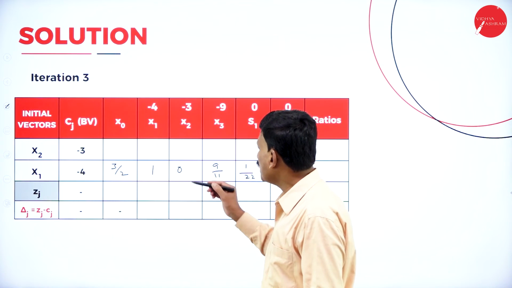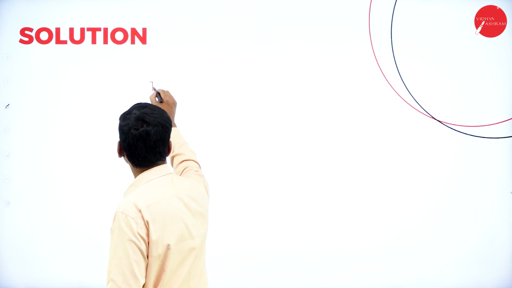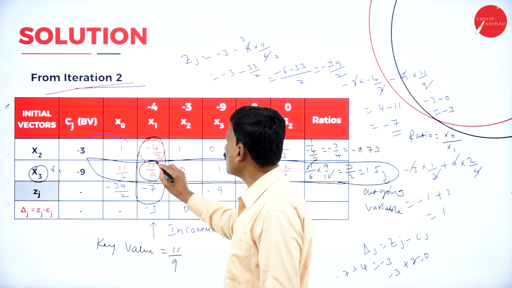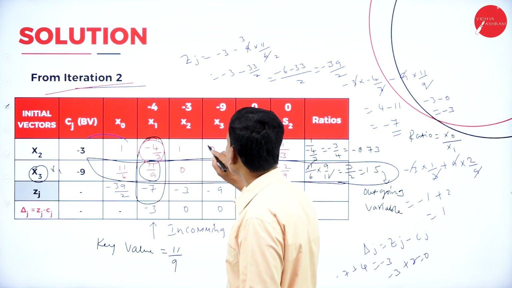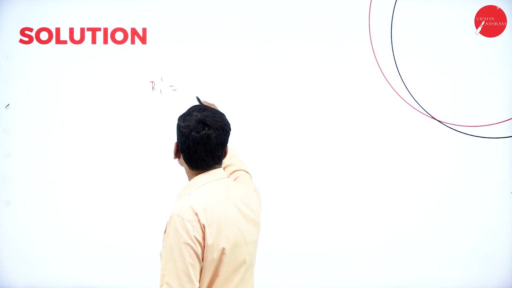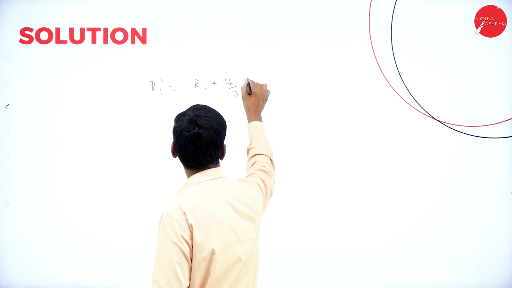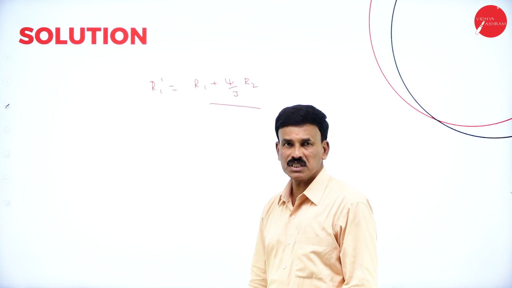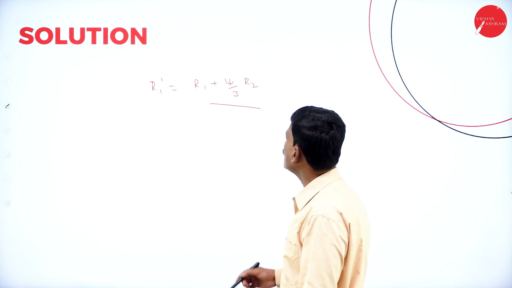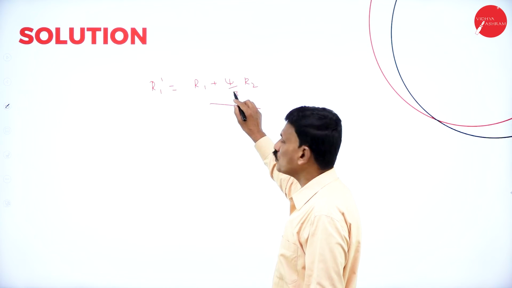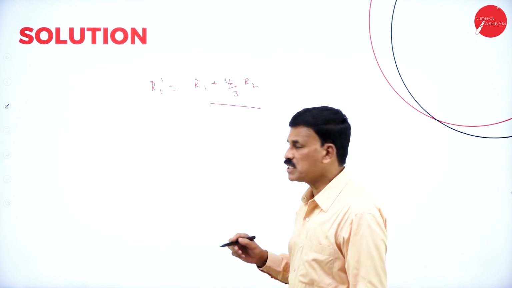To find R1 dash, since the element we have is minus 4 by 3, we can write R1 dash is equal to R1 plus 4 by 3 R2. Using this elementary row operation, multiply R2 with 4 by 3 and add to R1. So, what are the elements we are going to get?